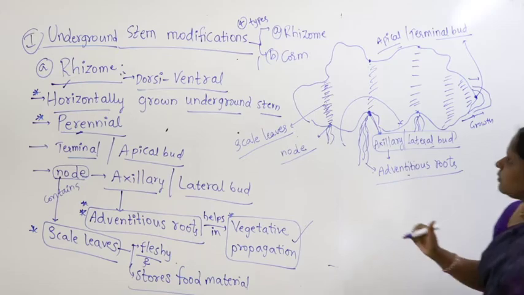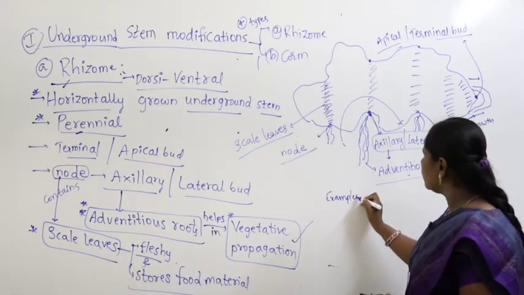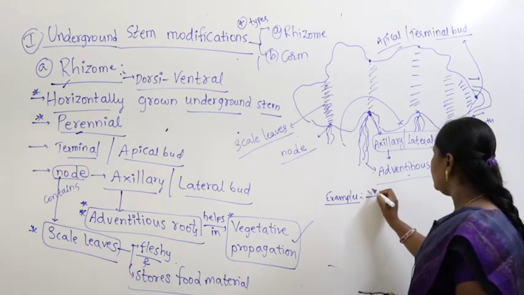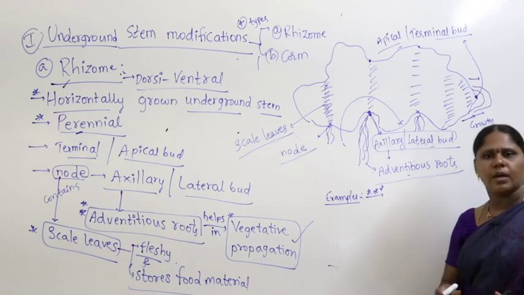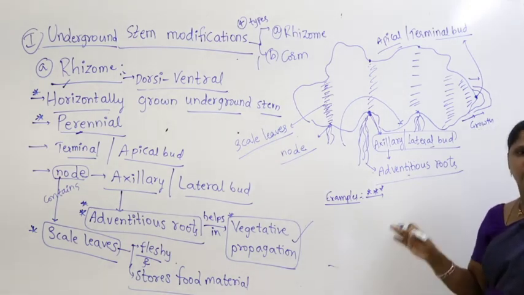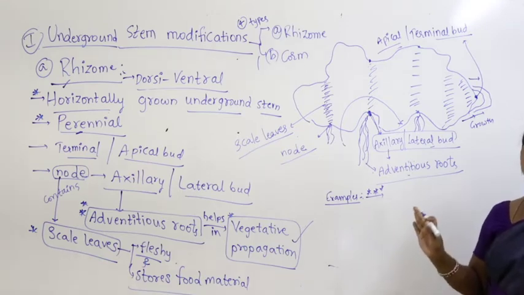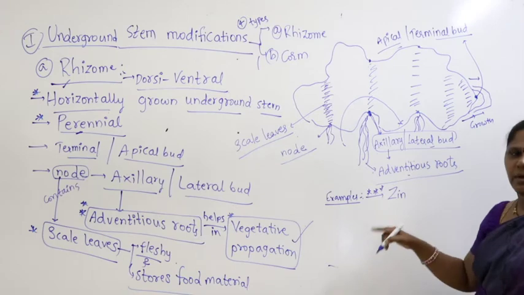Let us take examples. What are the examples of this rhizome? Very important. Guys, examples are very important. Wherever I keep 3 star marks, you need to notice that they are very important. So what are the examples? We can say scientific name and common name.